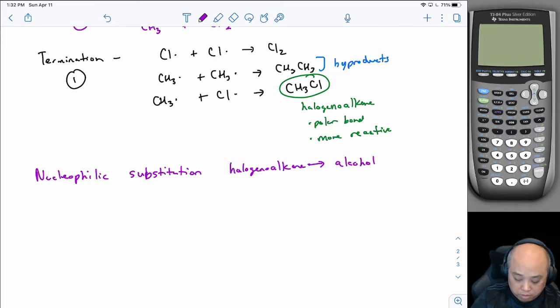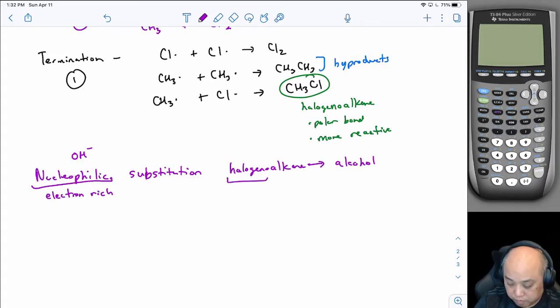Nucleophile, remember, means electron rich. Okay, so it is seeking a positive nucleus, and so these nucleophiles in this case will be OH minus. That's a nucleophile that's going to substitute for the halogen in your reaction.